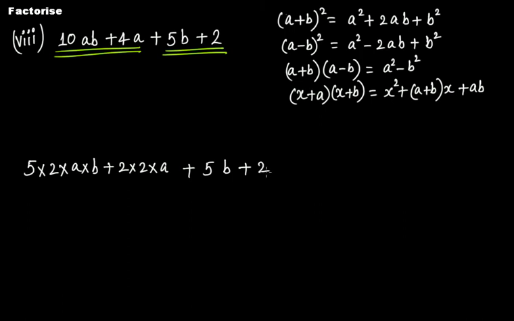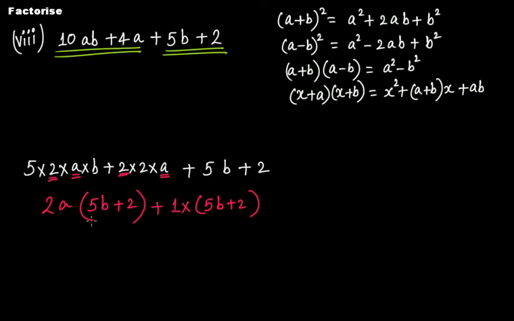5b plus 2. Now this 2 and this 2, this a and this a, so take 2a, these two common factors in these two terms, then inside you have 5b plus 2 plus, this is already 5b plus 2, so we can write this as 1 multiplied by 5b plus 2, right?